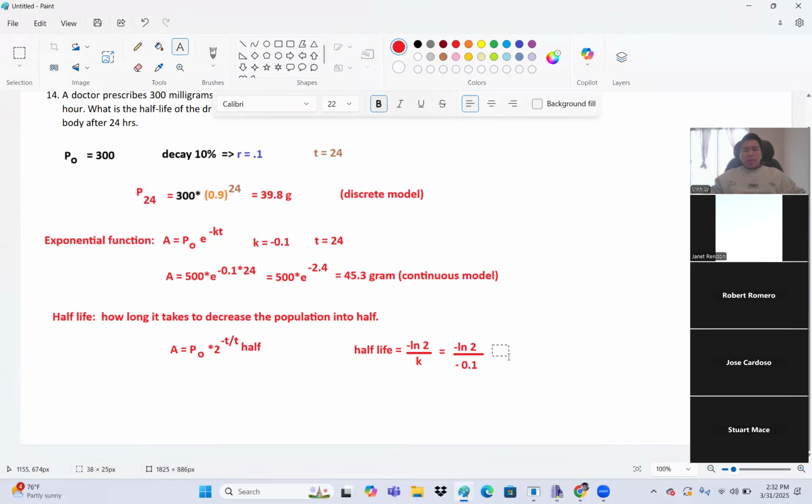So that takes about 7 years. Okay, so to decrease the amount to half takes 7 hours, I'm sorry, 7 hours, from the initial population.